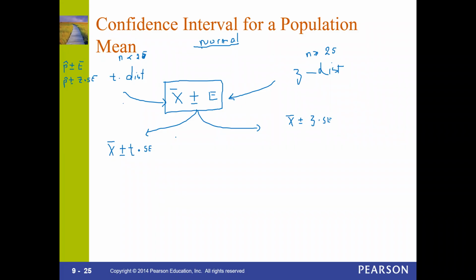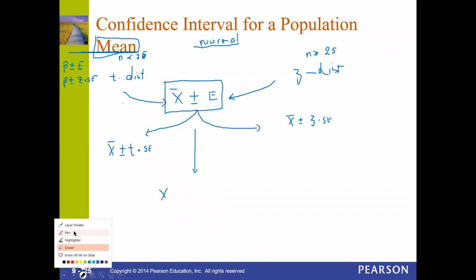Now we're doing the same thing for the population mean. At the end, what we're going to have is X bar minus E less than mu less than X bar plus E.